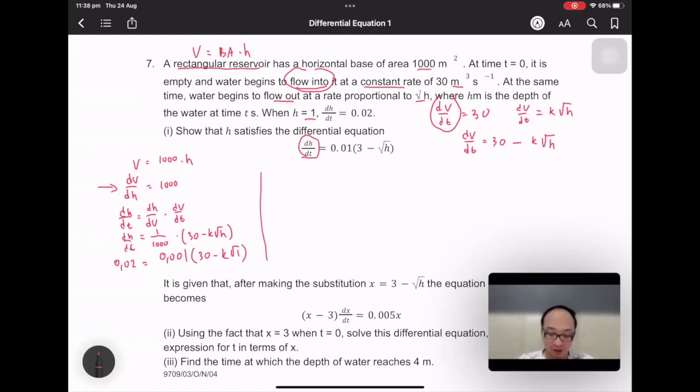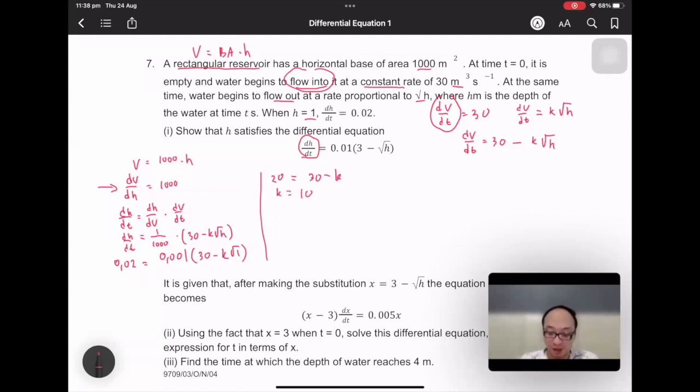So from here, I have 0.002 divided by 0.001, this is 2, equals 30 minus k. So k equals 10.